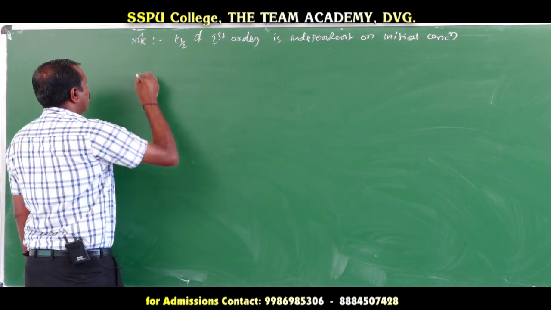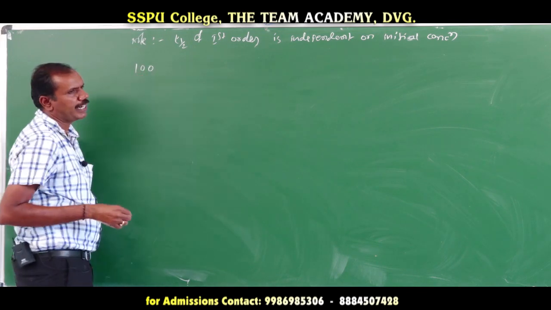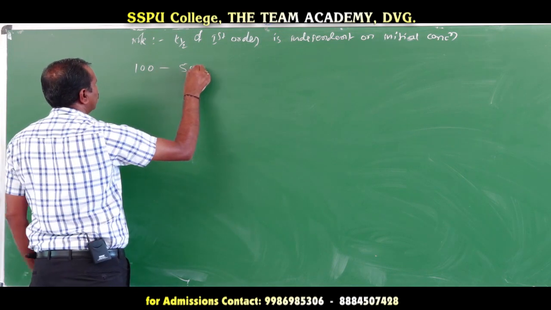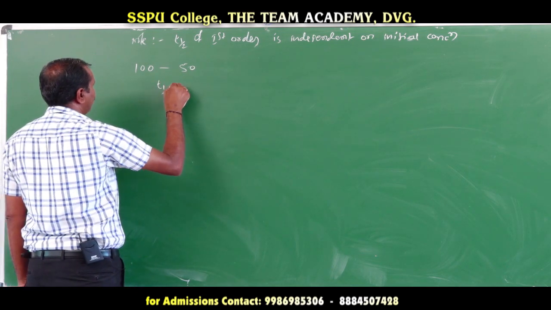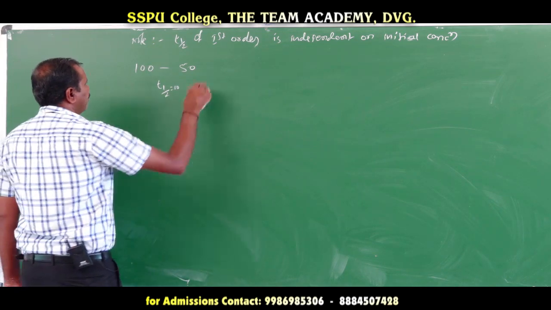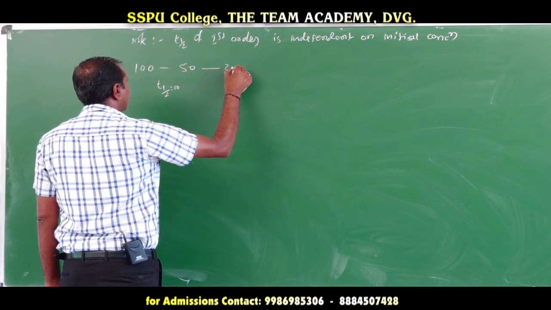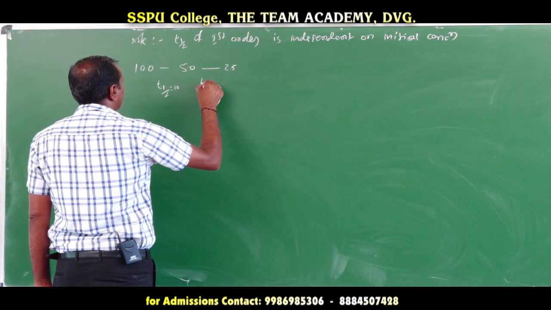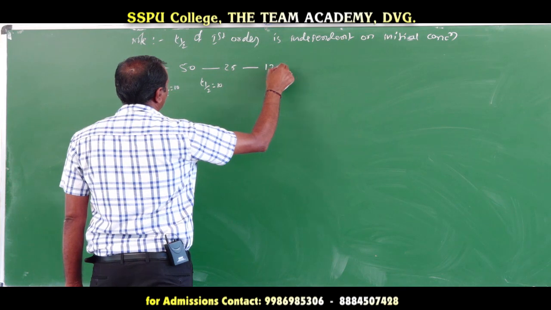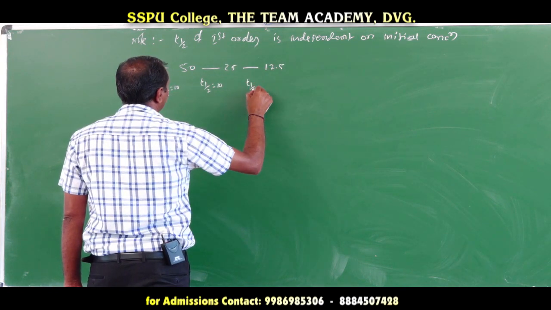So, if 100 moles of reactant is there, that can be converted to 50 moles. It requires one half-life; one half-life may be 10 minutes. If 50 moles can be reduced to half of its value, that is 25, then t half is also 10. 25 becomes 12.5, then also t half becomes 10.